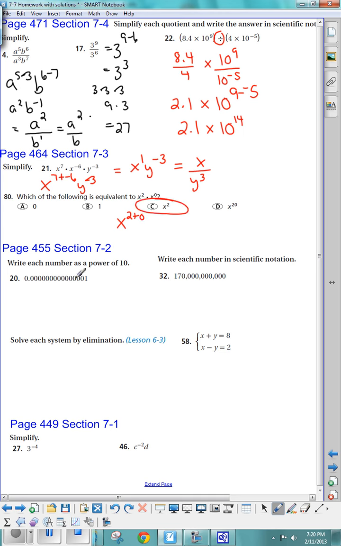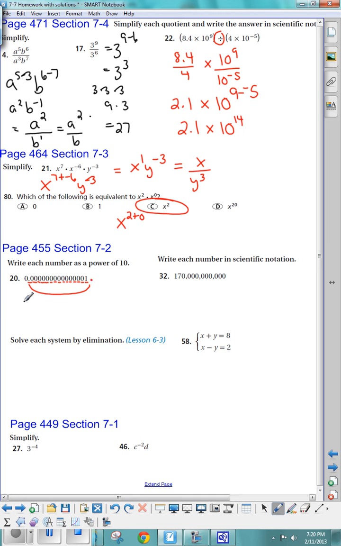Number 20, you're going to write that number as a power of 10. So you have to take that decimal and move it all the way to the back, and you have to count how many times you move that decimal point. So you have to count all the zeros in between your two decimals. So 1, 2, 3, 4, 5, 6, 7, 8, 9, 10, 11, 12, 13, 14, 15.